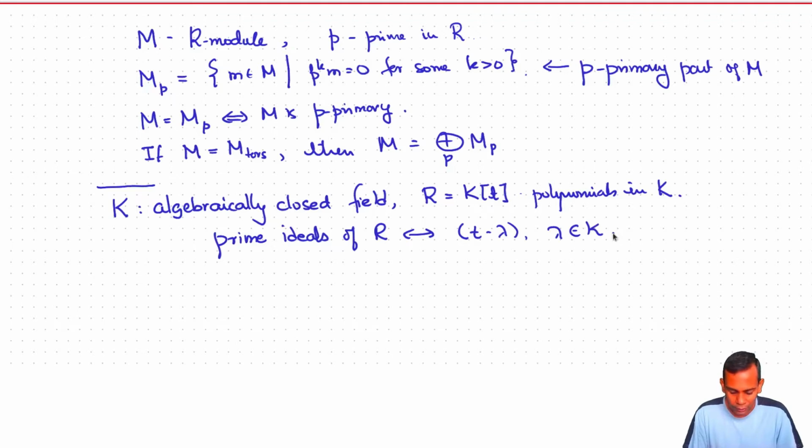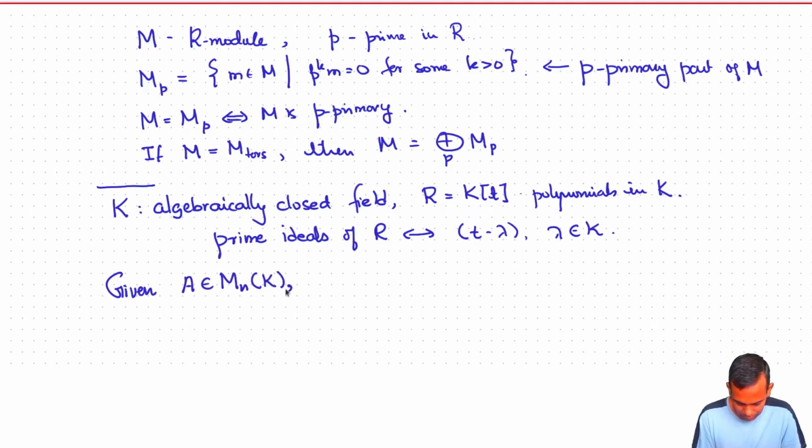So now, given a matrix A, you can talk about its T minus lambda primary part.